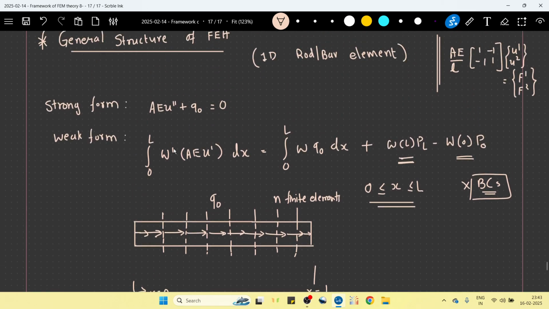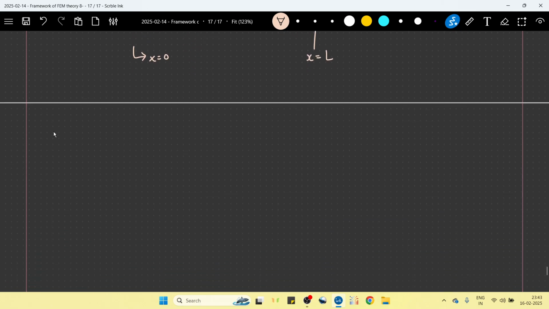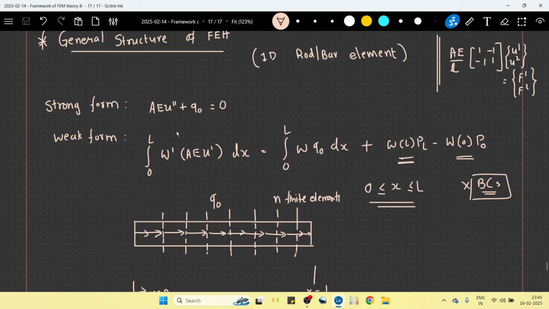So let's write this weak form as a discretized weak form. What we do in a discretized weak form is we replace the integral over this domain into subdomain integrals.